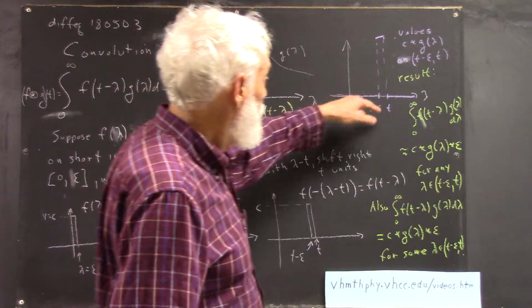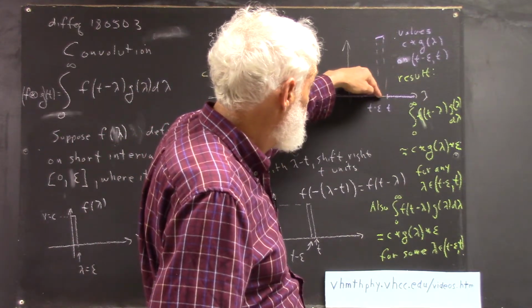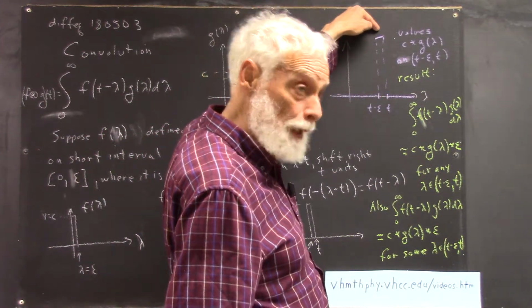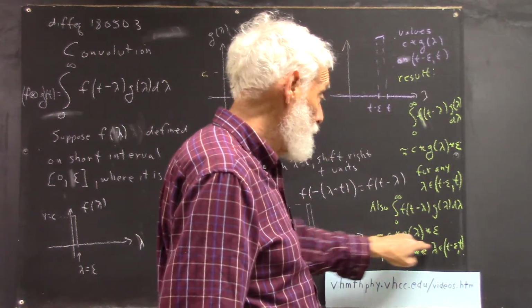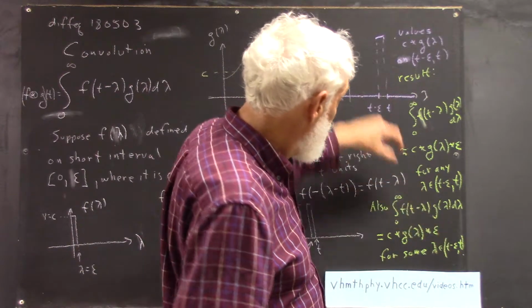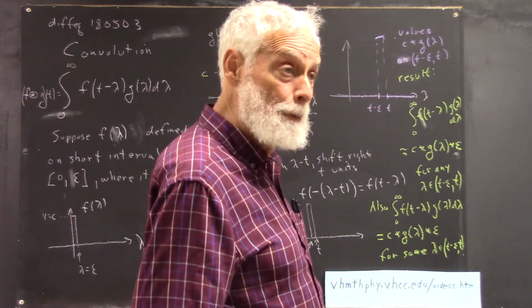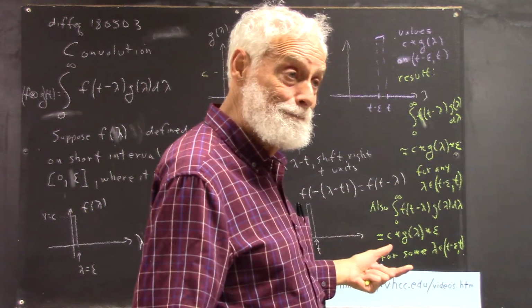In other words, at whatever value of t within this interval, this thing takes its average value on that interval. That's going to be the value of lambda that gives you the exact value. Now, if epsilon is a small number, it doesn't make much difference.